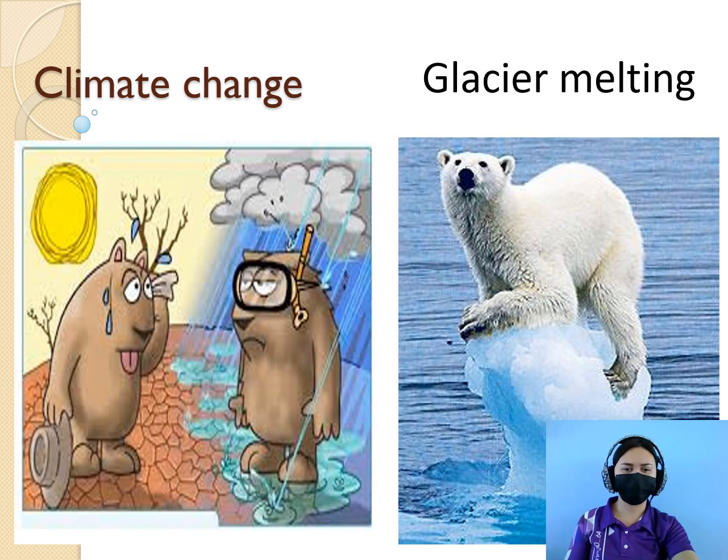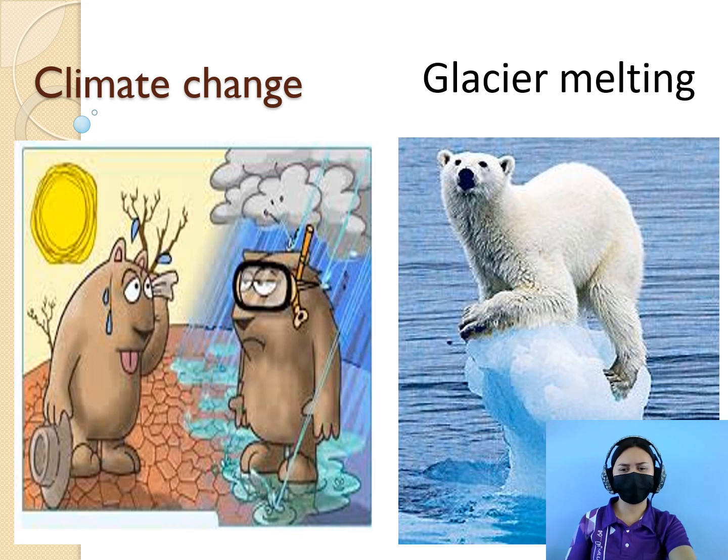Climate change. You see, this side is very hot and this side is very cold. Because of the changes in our activities, a lot of things also change, like the climate.